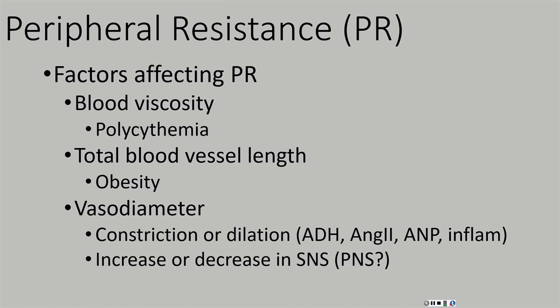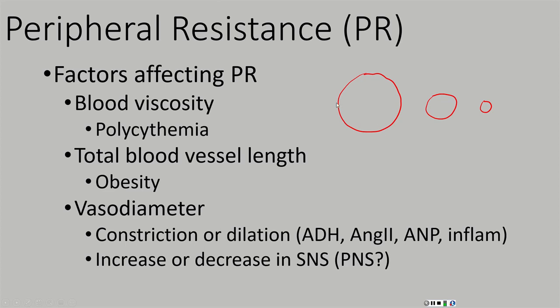Vasodiameter. We briefly mentioned this when we first started chapter 20 a few lectures ago. Vasodiameter is just the diameter of a vessel. So here's a large vasodiameter, a smaller vasodiameter, and a really small vasodiameter. Now, if we were to take this middle one and expand it, vasodilate it, if we dilate a vessel, it gets bigger.